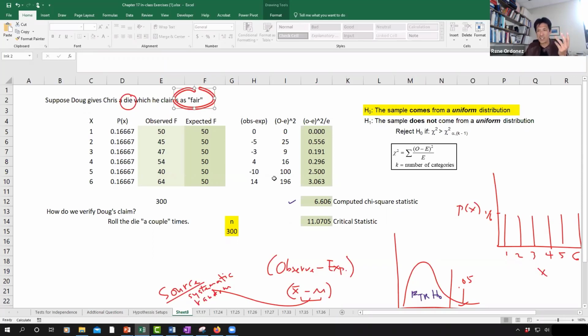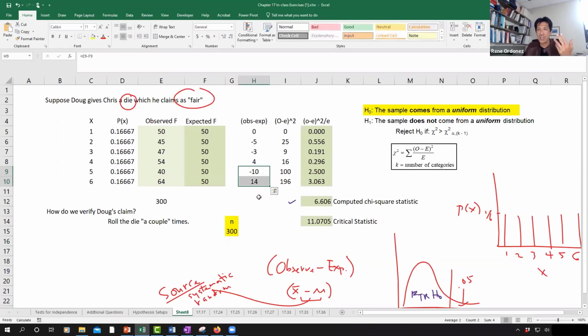Okay, so let's go back to this number here. Remember I asked earlier, is this number large enough for us to say that the die is favoring this number? The answer to that question based on our test is no. These are what we will call random occurrences.